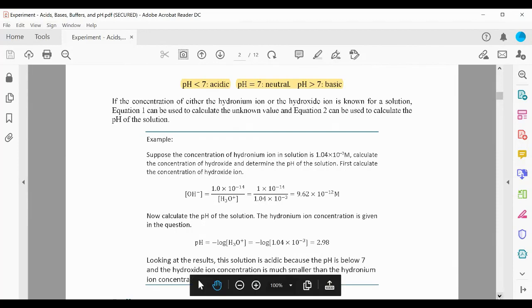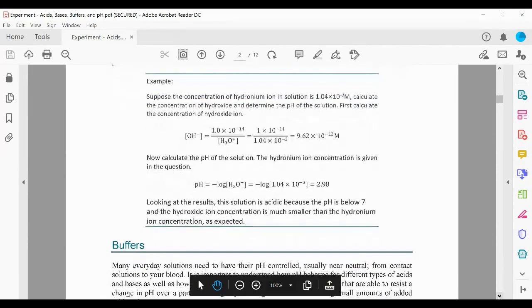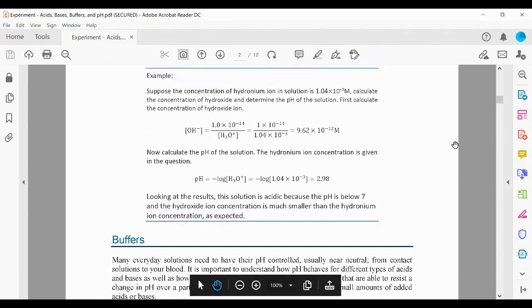And then here they're giving us an example. It says, suppose the concentration of hydronium ion in solution is 1.04 times 10 to the minus 3. So they give you the concentration of hydronium ions, and they ask you to calculate the concentration of hydroxide and the pH.